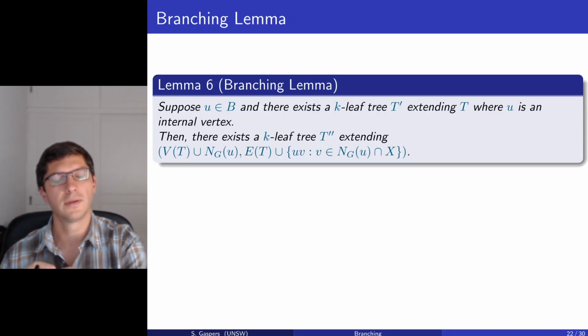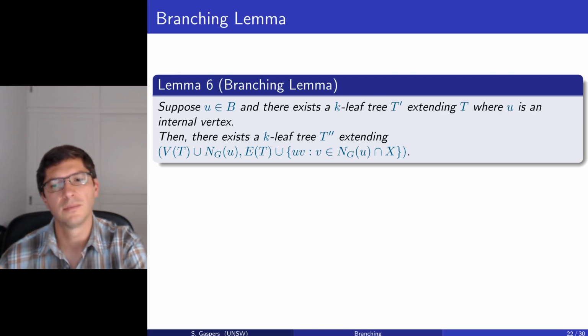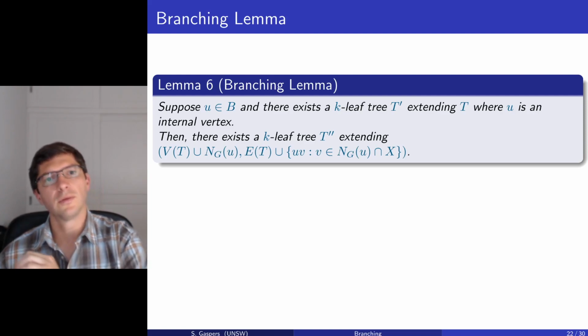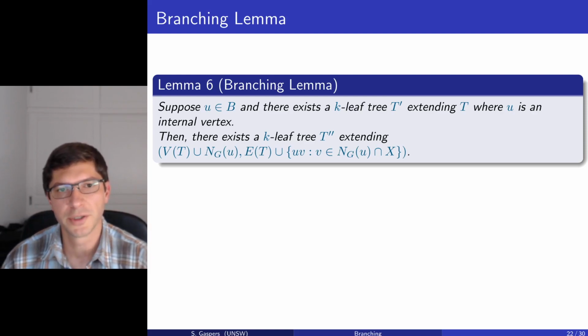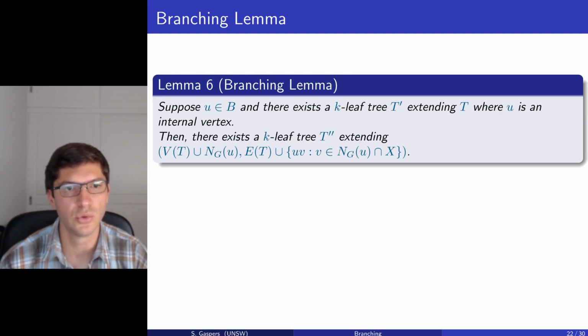Now, what's our next rule? The next rule is our branching lemma. So it's not yet a branching rule, it is a lemma that our branching rule will be based on. So suppose we have a vertex U in B, a branching node, and we have a yes instance. So in particular, there exists a k-leaf tree T prime that extends T where U is an internal vertex.